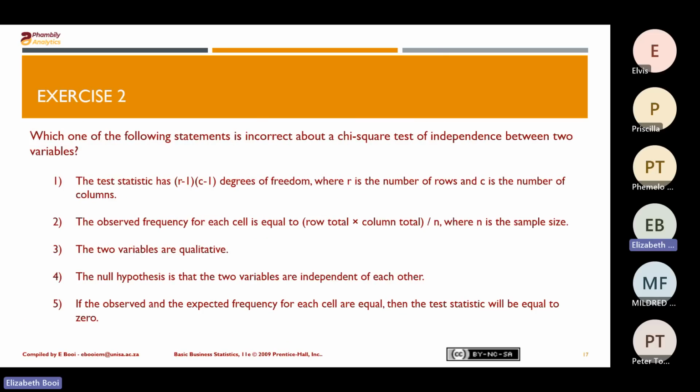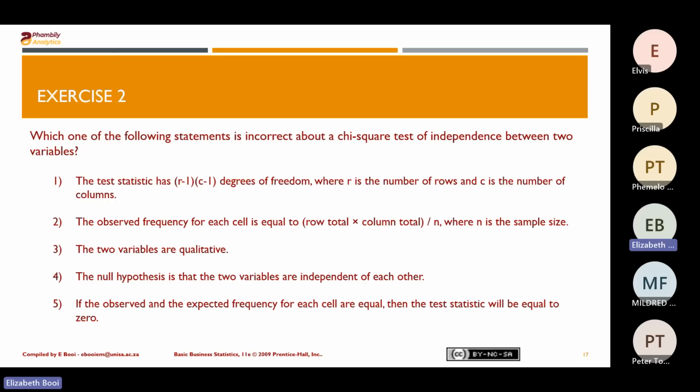Which one of the following statements is incorrect about the chi-square test of independence between 2 variables? This type of question is just to test your knowledge, right? They don't expect you to do any calculation. They want to know if you understand the content.